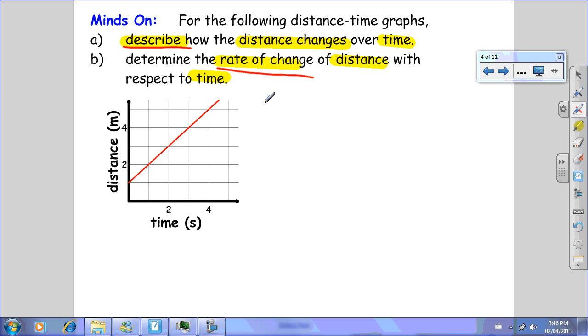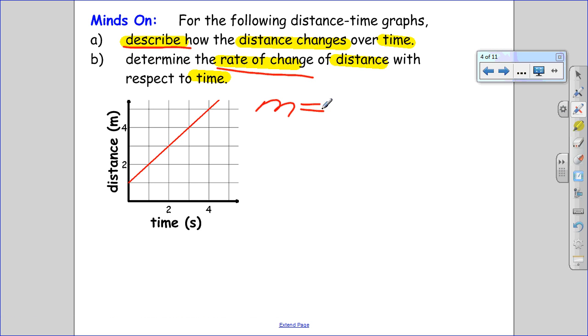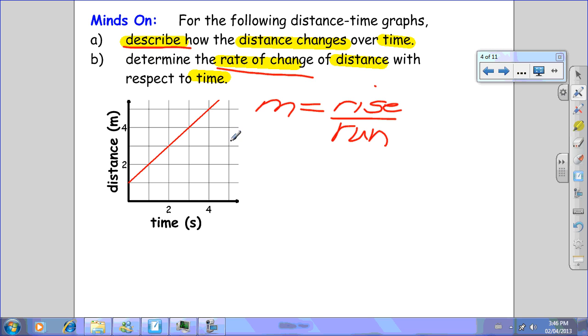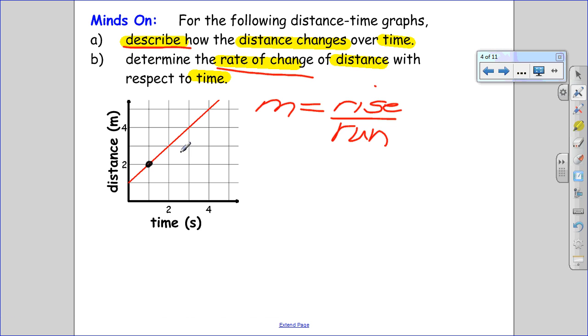Now, if I want the rate of change, remember, rate of change is just a slope, that's rise over run. How do I think about that? The first thing I need to do is pick 2 nice points on the graph. I'm going to go to the right, and I'm going to go up to get from one point to the next. I went right 2 seconds and up 2 meters.